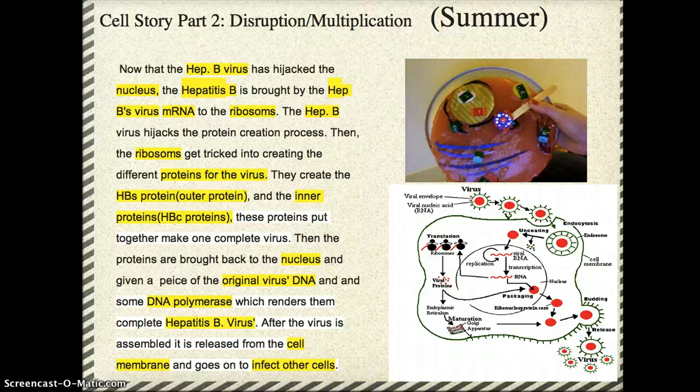The ribosomes get tricked into creating proteins for the virus instead of proteins for the cell. They create the outer protein and the inner protein, and these proteins put together with some of the original DNA from the virus, and the DNA polymerase makes a complete hepatitis B virus that can go on and make more of itself.